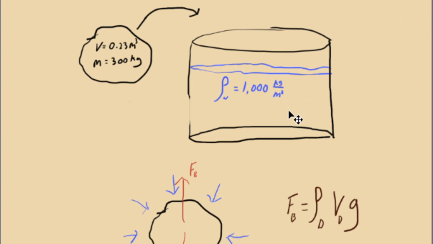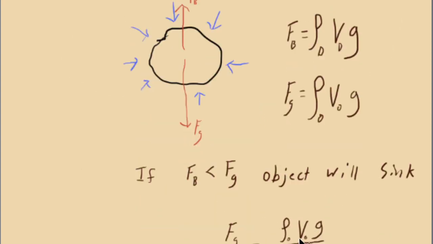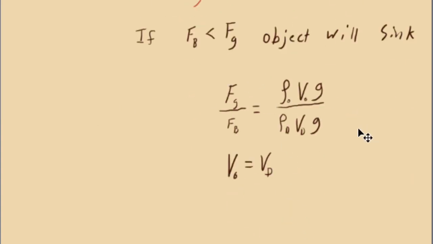So if we compare the density of these two, the density of our rock is going to be greater than that of water. Looking at this ratio here, the reason we say our volume of our object is equal to our volume displaced is that the volume being displaced can be a maximum of the volume of the object.